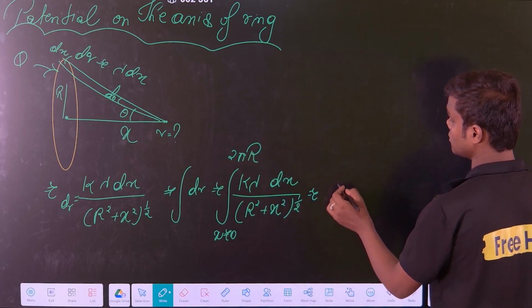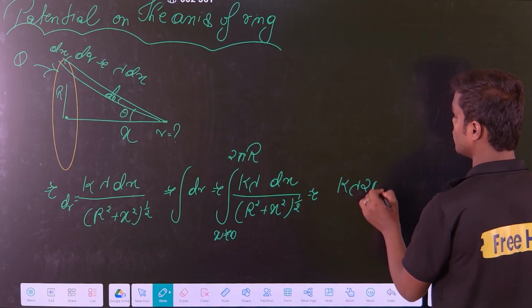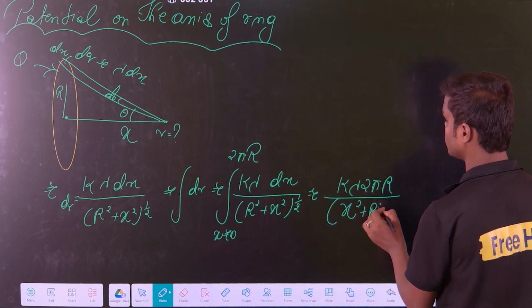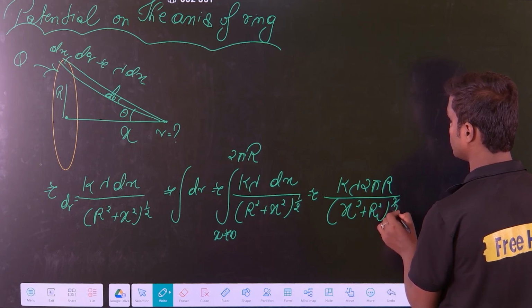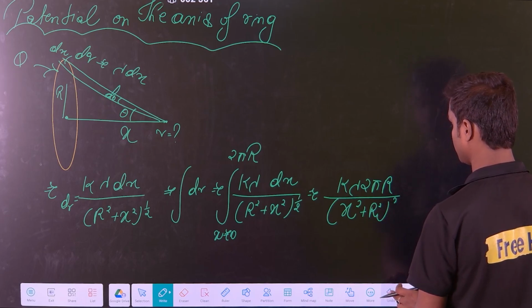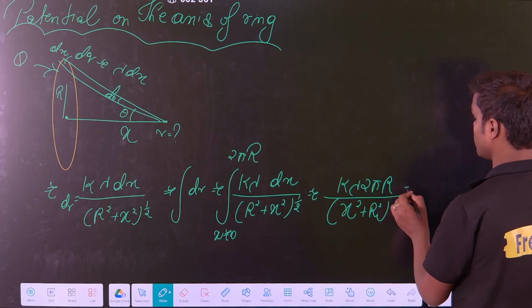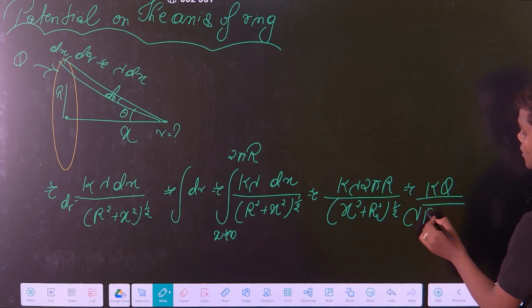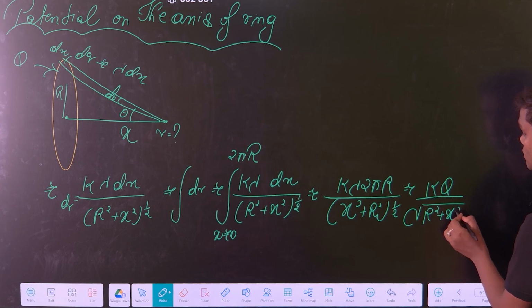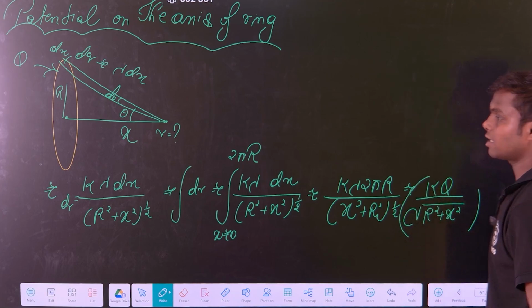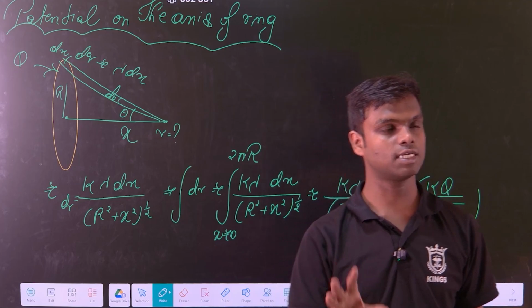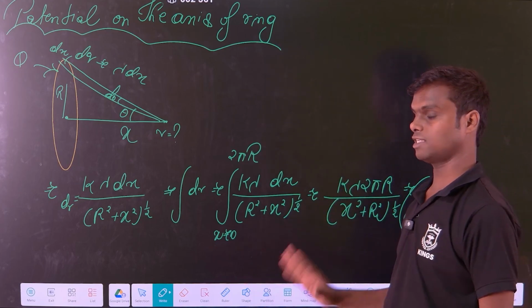Just integrate it, you will get k lambda into 2 pi capital R divided by x square plus r square to the power 1 by 2. This will become kq by root over of r square plus x square. So the electric potential due to the ring on its axis is kq by under root of r square plus x square. Simple.